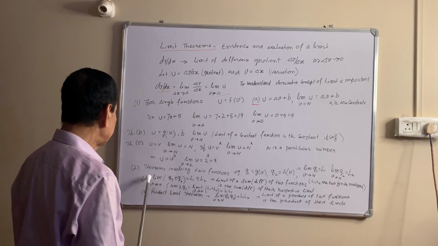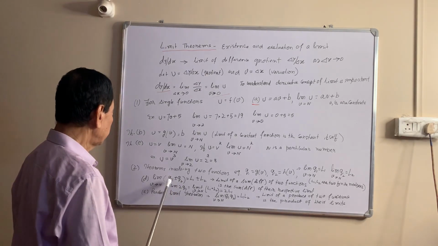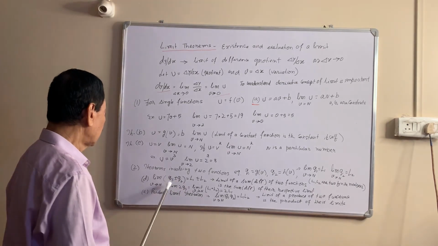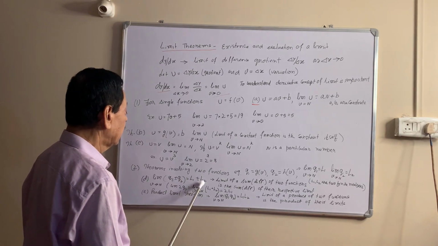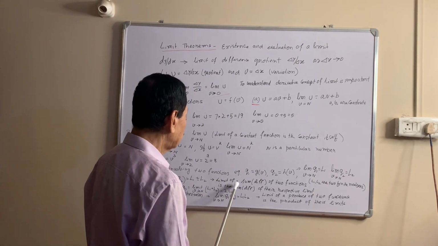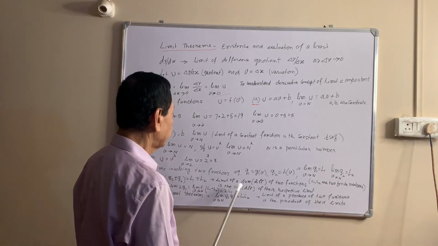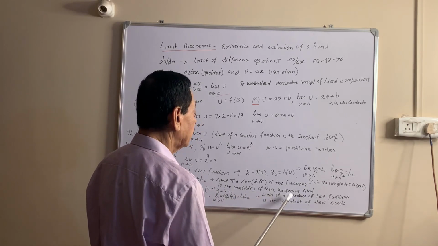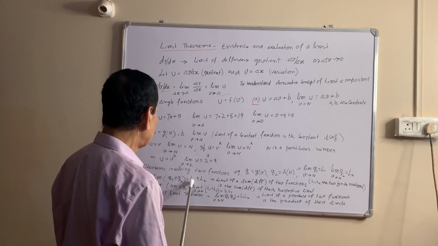Okay. Then theorem D, the limit of q1 plus or minus q2, where it may be q1 plus q2 or sometimes q1 minus q2. So it is L1 plus or minus L2. The limit of a sum or difference of two functions is the sum or difference of their respective limits.